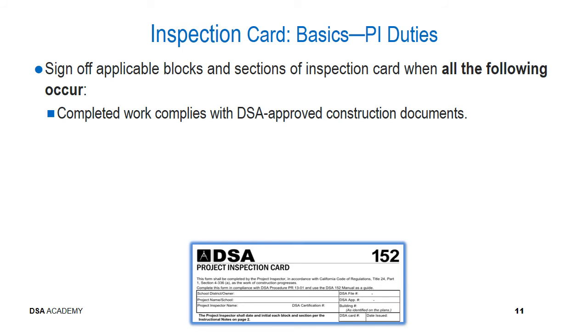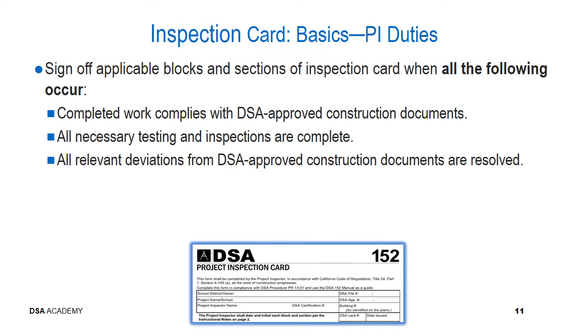To clarify and go into further detail regarding signing off of the applicable blocks and sections in the inspection card, you will want to do that when all of the following occur. All of the completed work complies with the DSA approved construction documents. All of the necessary testing and inspections are complete.